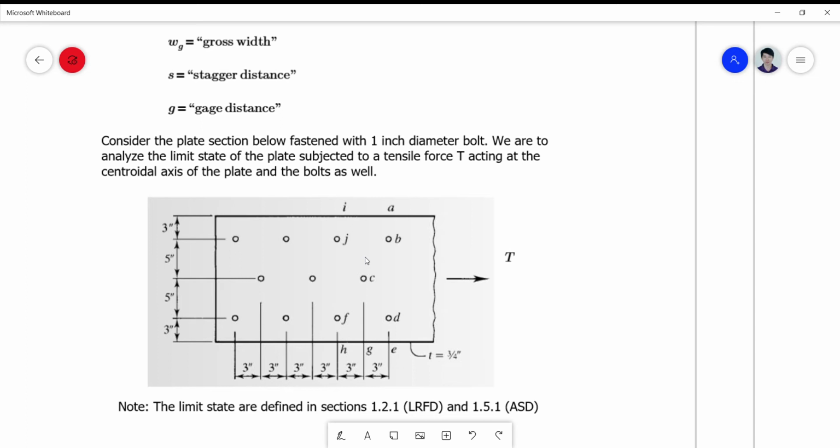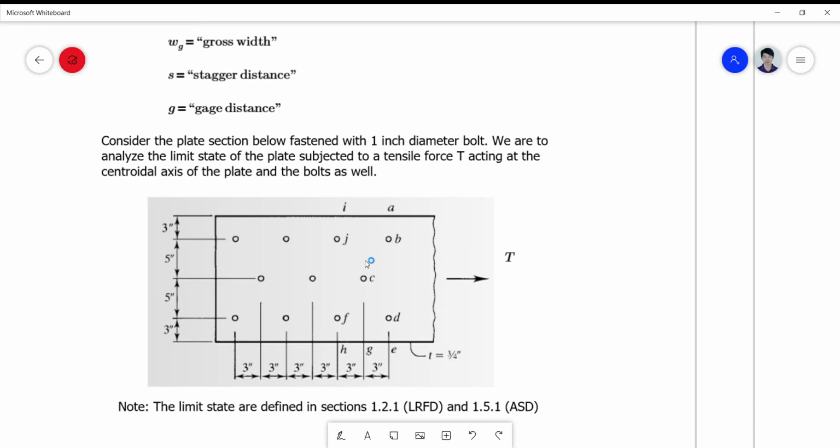We are going to look into the most probable failure path that we can expect to happen here in our connection. Of course, this is only one part of the connection.